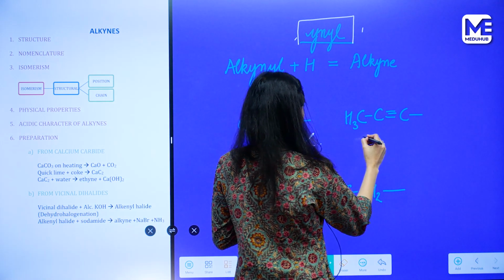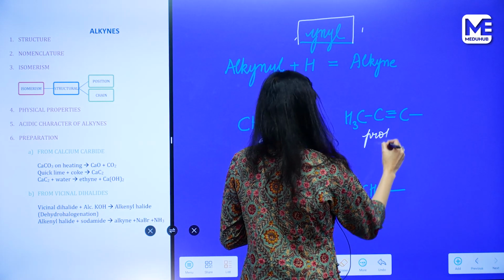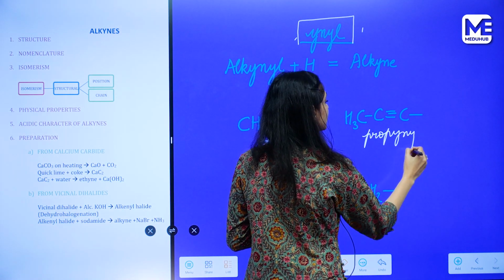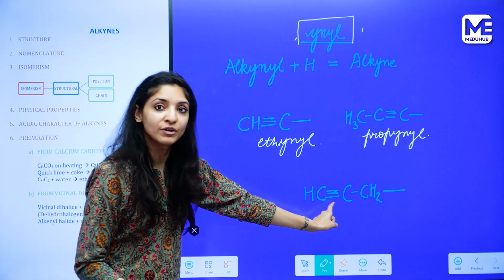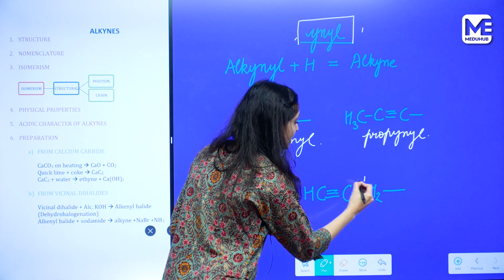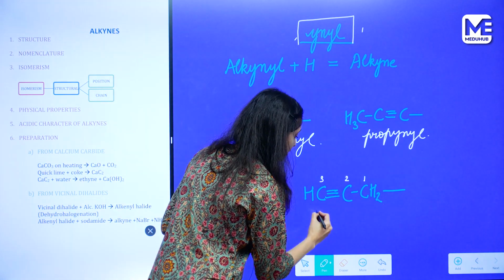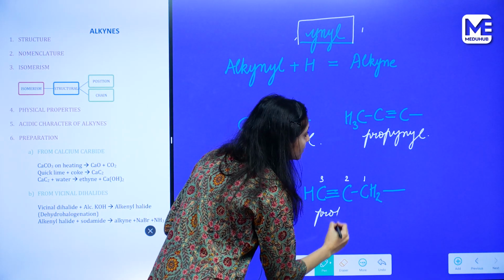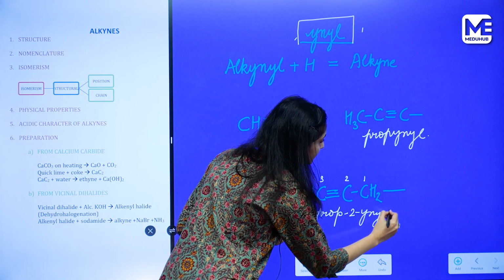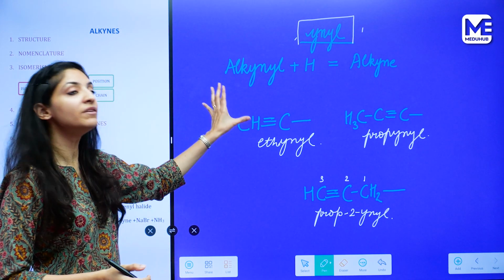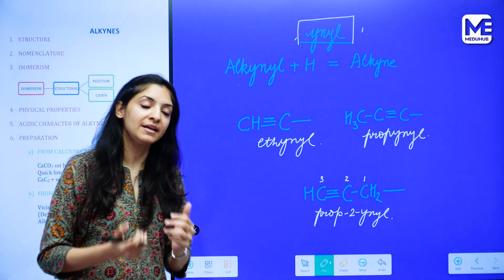So this is propynyl. This is similar to this, but the position of the triple bond is varying. So we'll number it 1, 2, 3. So this will be a prop-2-ynyl. Right? So these are the univalent groups which are derived from alkynes.